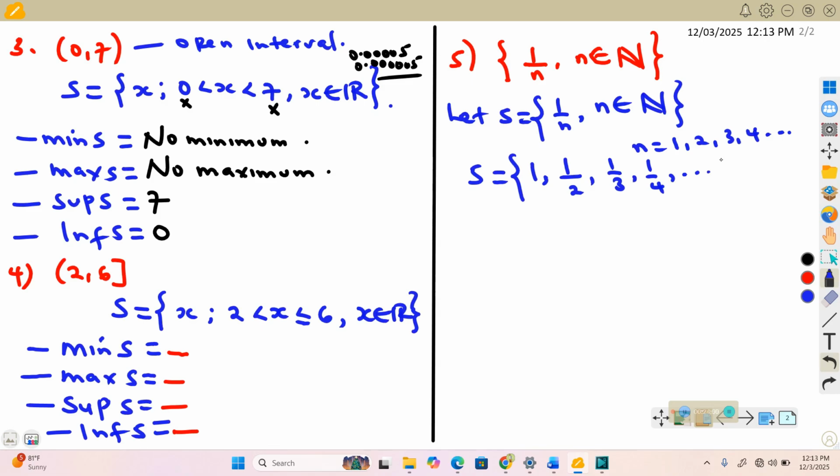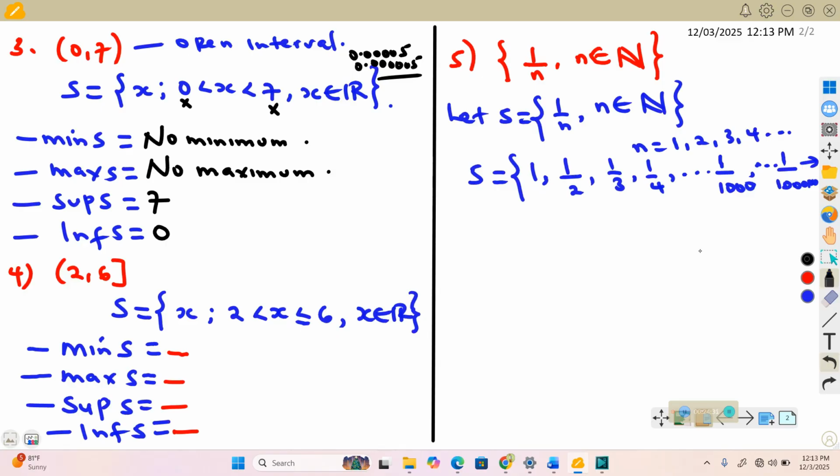So it is important you try some other bigger values. Maybe it goes on to 1,000, maybe to 1 million, something like that. Try and see where this one is ending. Having looked at the elements of this set, you realize the elements are decreasing.